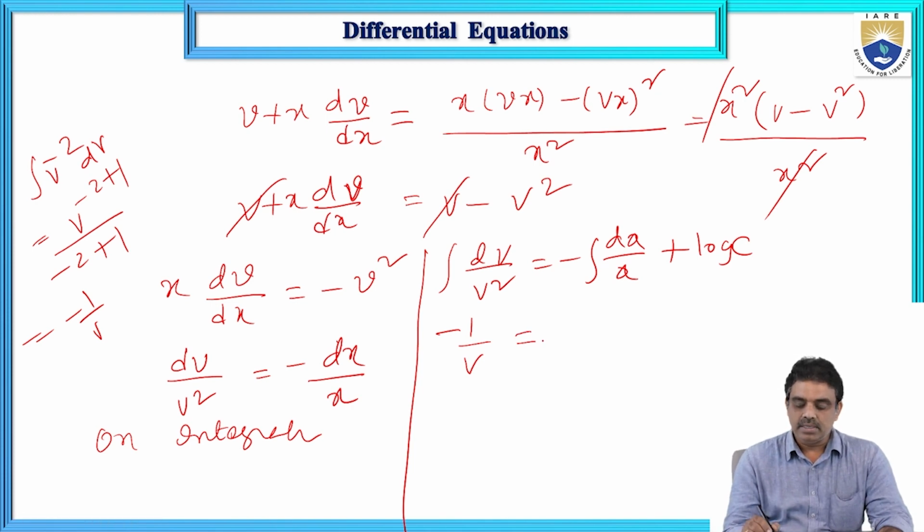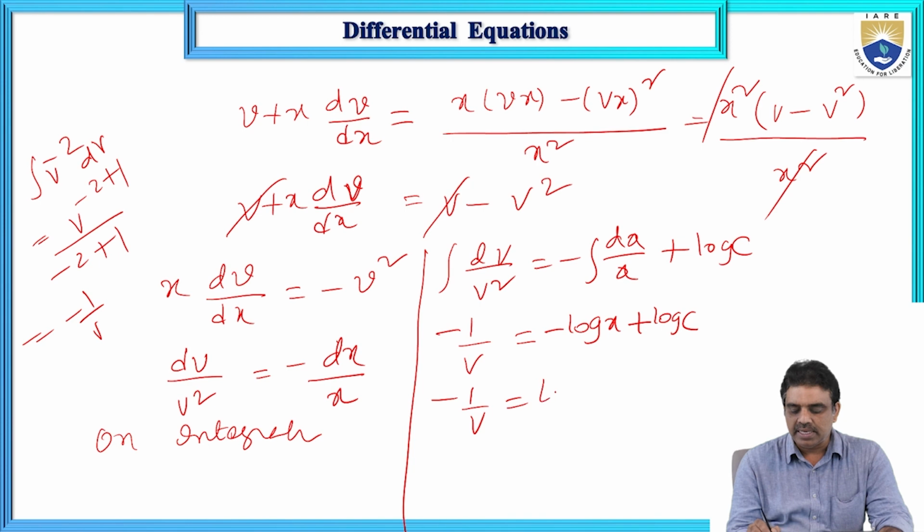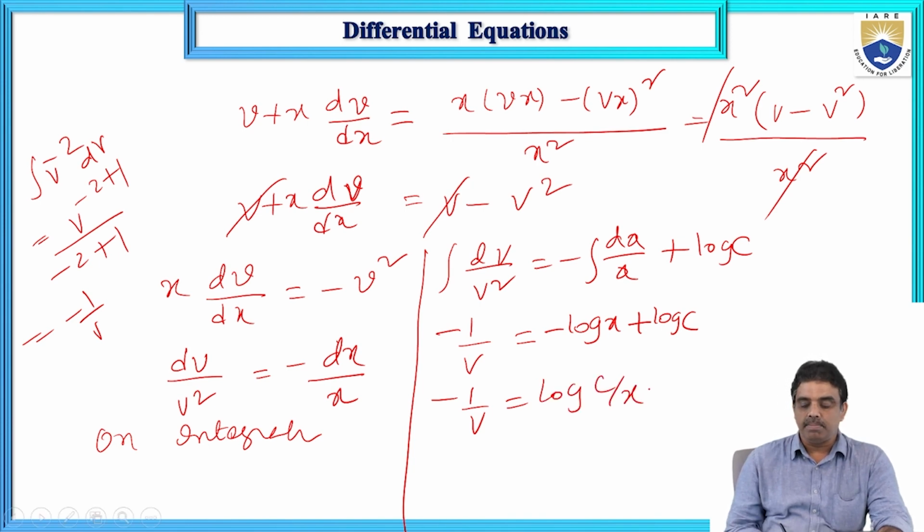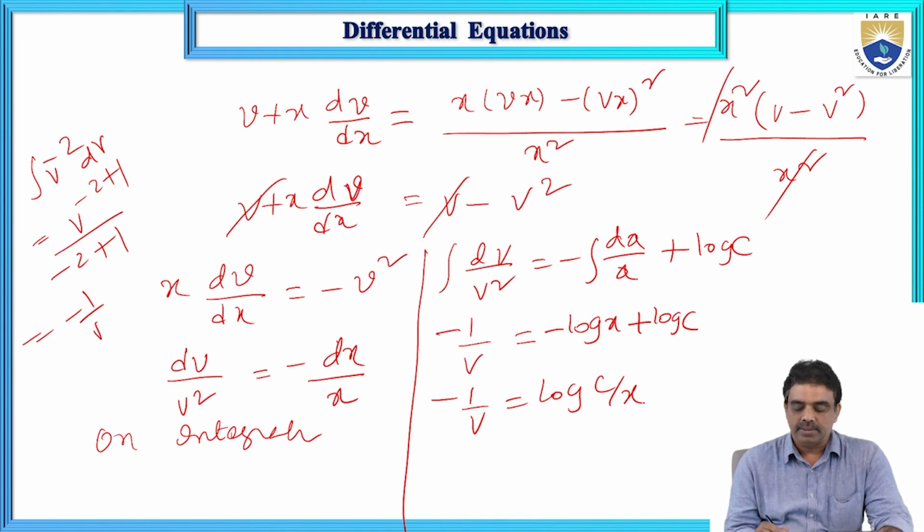On the right side, minus log x plus log c. So minus 1 by v is equal to log c minus log x. Using log m minus log n, you can write log m by n, so c by x is equal to e power minus 1 by v.